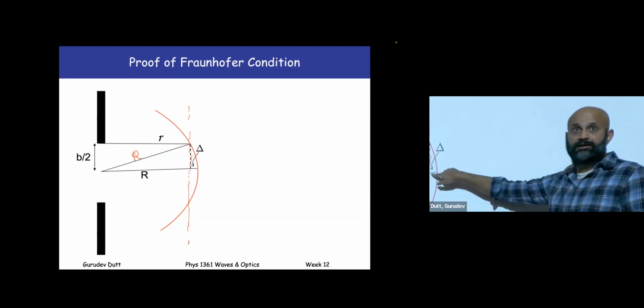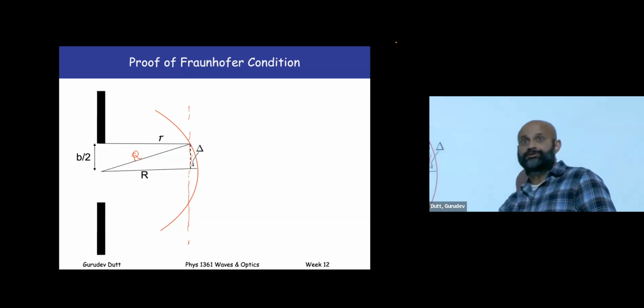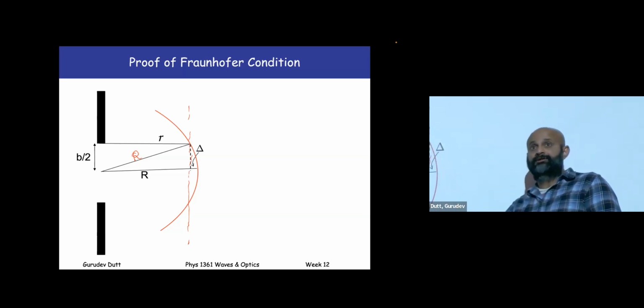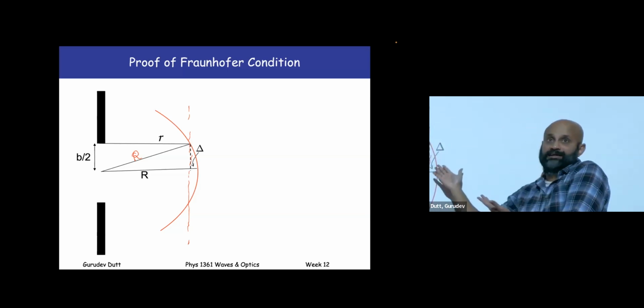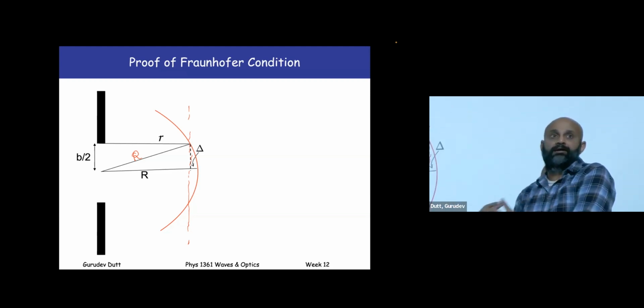And that difference is clearly this delta over here, this little small amount. If that is on the order of a wavelength or comparable to wavelength, then you start to get the Fresnel region, because then this curvature of this wavefront matters. You can see that the wavefront is actually curved. If delta is much smaller than a wavelength, then this thing looks nearly planar and you get the Fraunhofer condition.